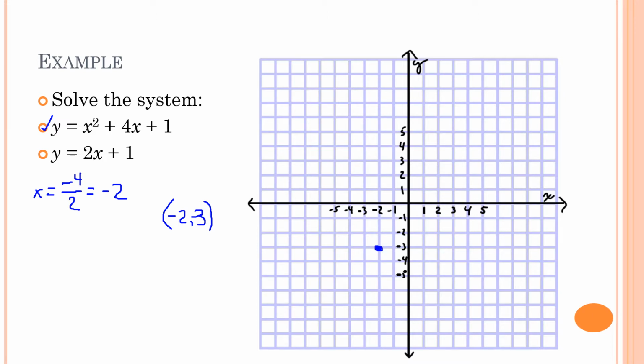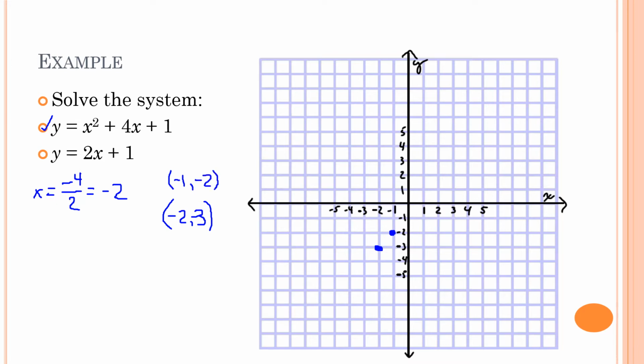At this point, I'll find 2 points that are easy for me. So let's see, if I plug in negative 1, I have negative 1 squared, which is 1, plus a negative 4, which is negative 3, plus 1, which is negative 2. So I have a point of negative 1, negative 2. By the way, I'm doing all of this work in my calculator to plug in the values.